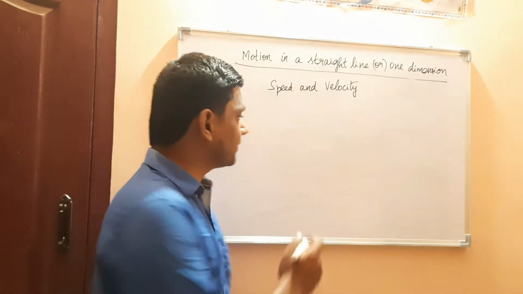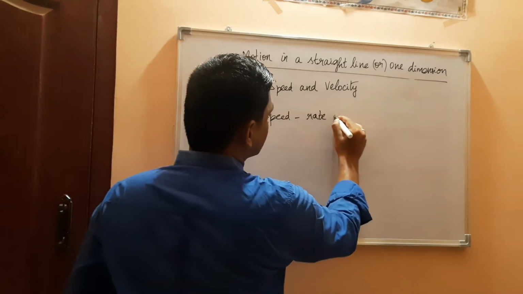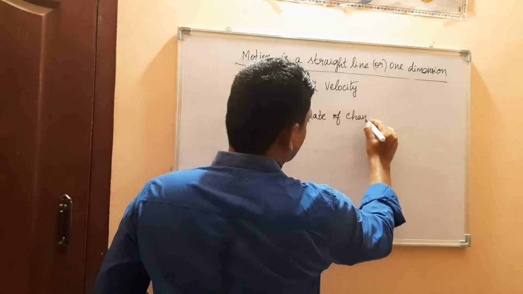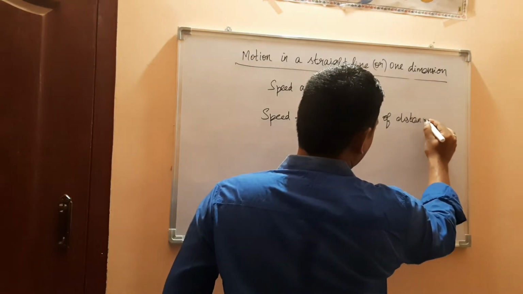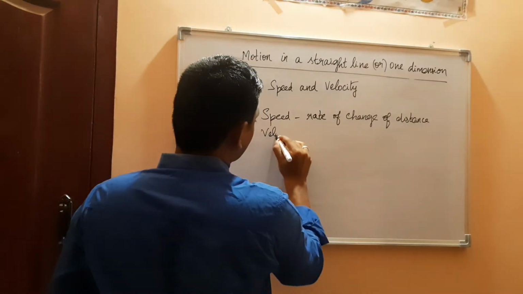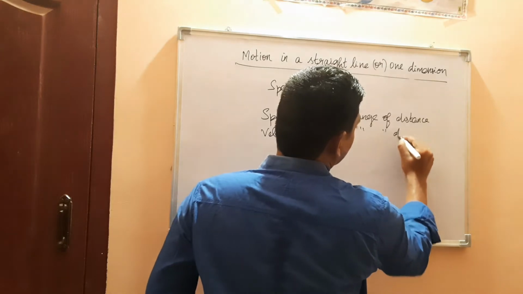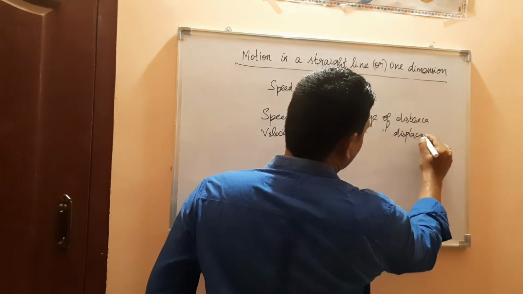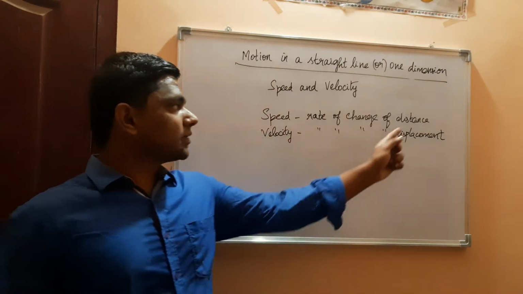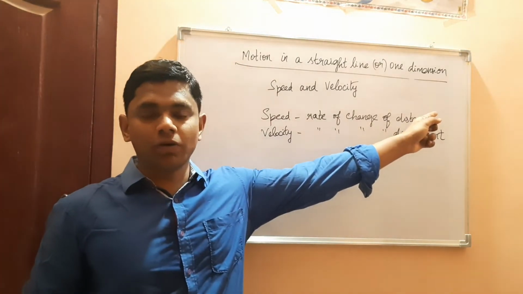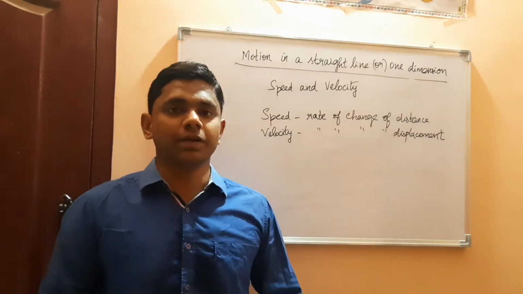Speed is actually the rate of change of distance. Velocity means the rate of change of displacement. Here we are concerned with distance while talking about speed, and velocity means the rate of change of displacement.